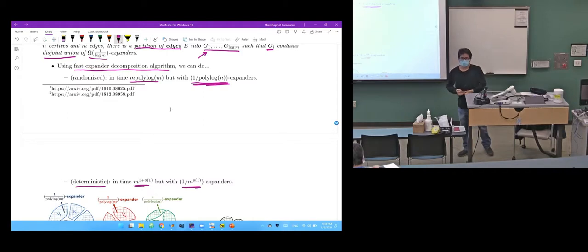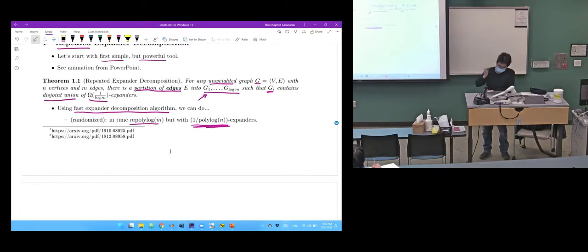So in that case, what will we do with the final edges, the edges which can't be decomposed into expanders? I mean, if you start with a graph G which is two expanders, and now we finally get a single edge. So what do we do?